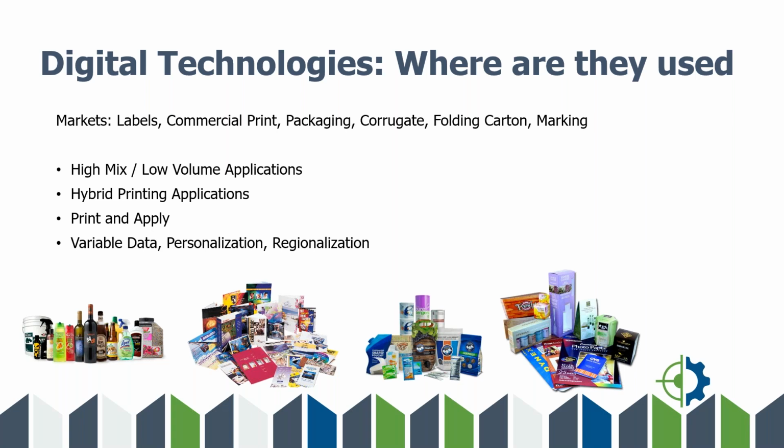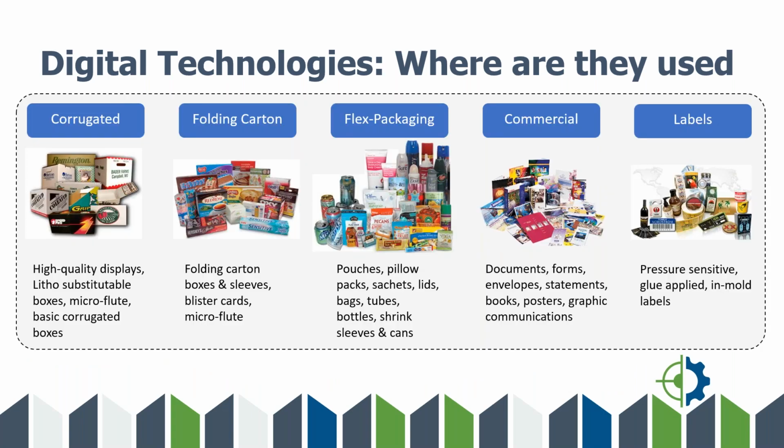So when you look at those markets, pretty much anything in those buckets, digital is being used to print today. Again, whether that's inkjet or toner, in all of these key markets there is some use of inkjet. In some, it's dominant players. In others, it's the rising hope, or where a lot of growth potential is yet to be seen.